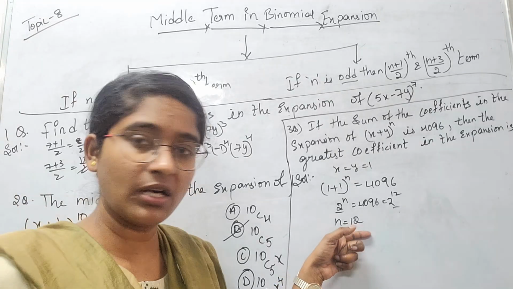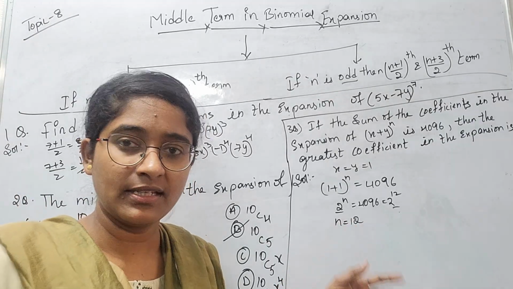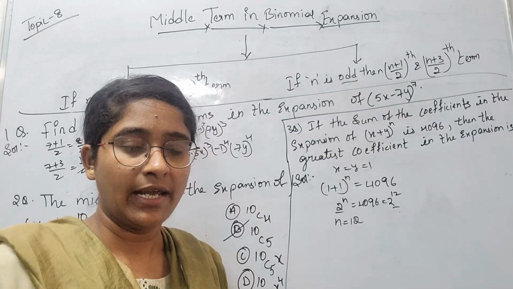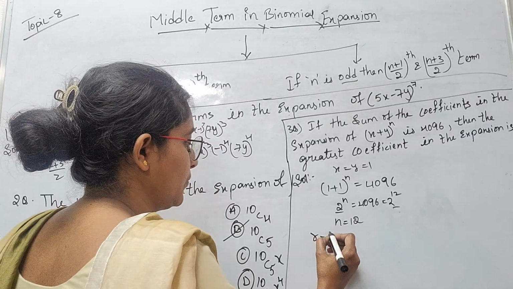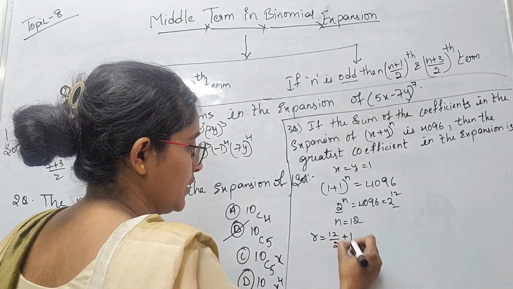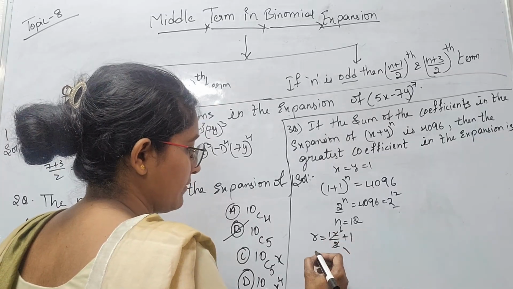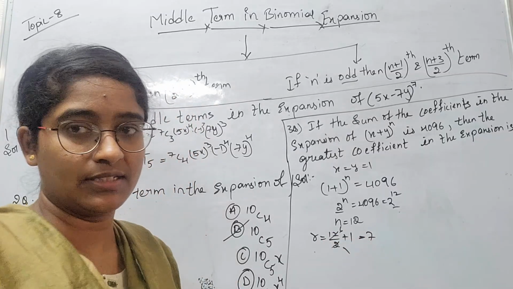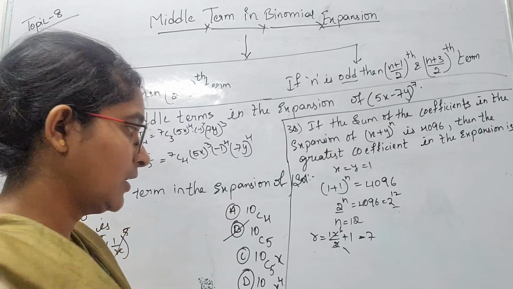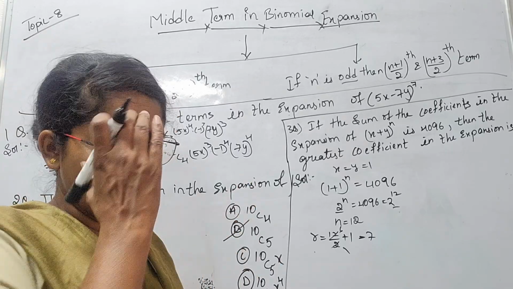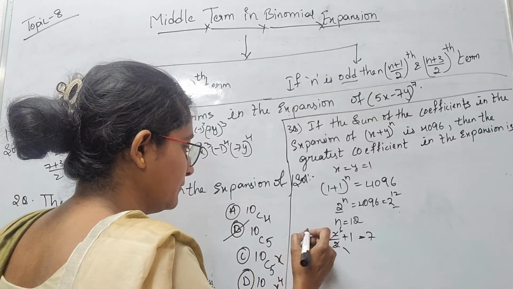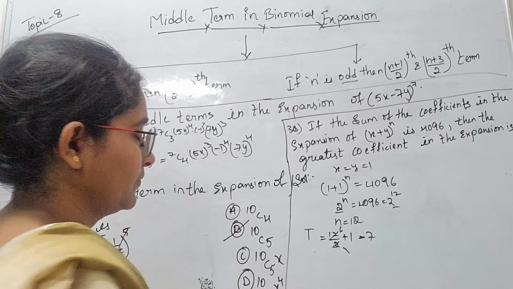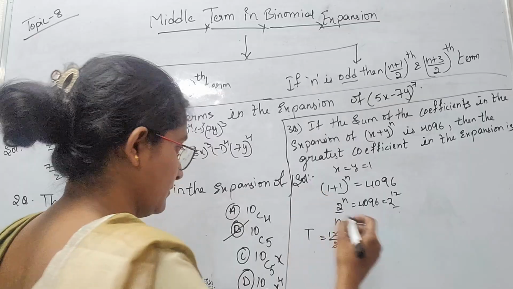When n is even, the middle term is the (n/2 + 1)th term. So 12 by 2 plus 1 is 7. So it is the 7th term.